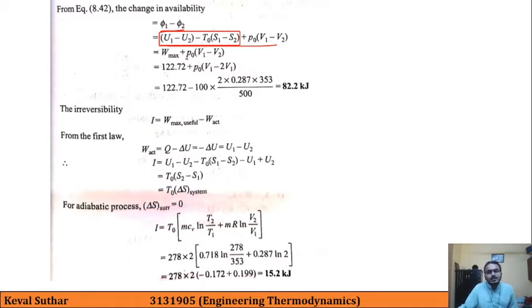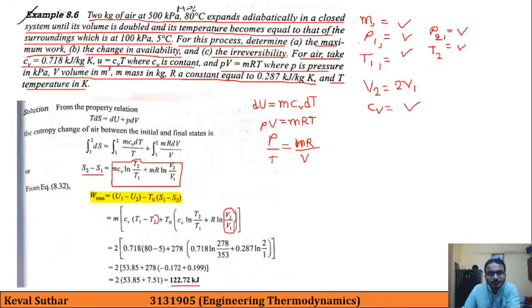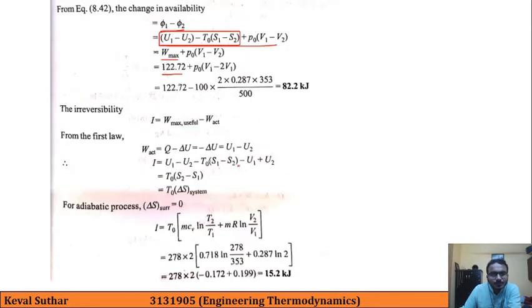So this will be the value W max, and we have already obtained this value, plus P0 into V1 minus V2. So here, based on the given values, we can finally obtain this formula, and the answer is this.